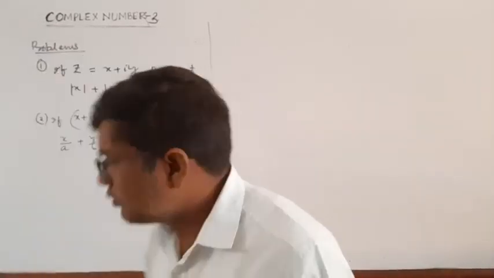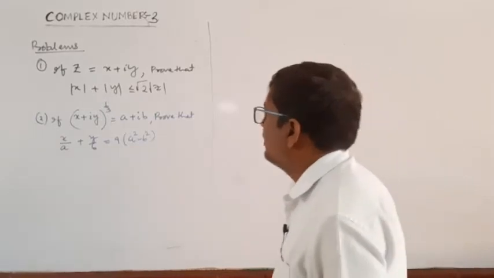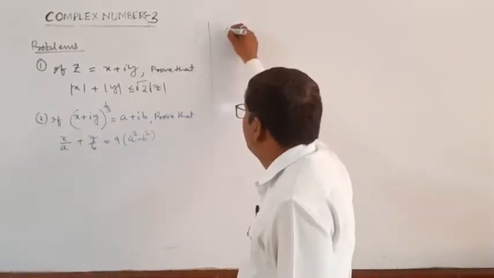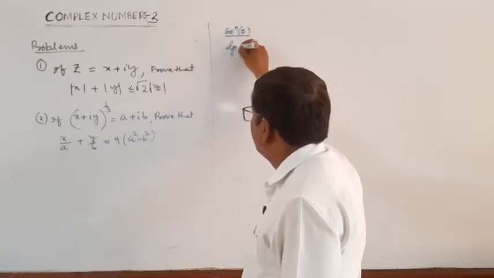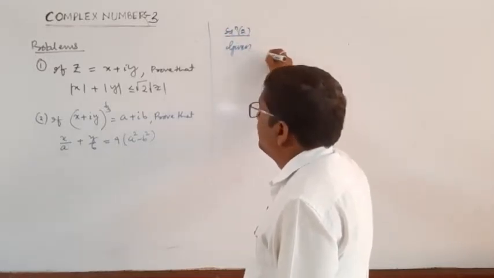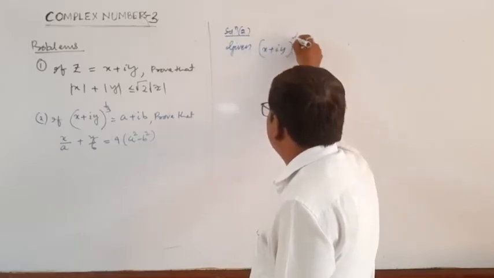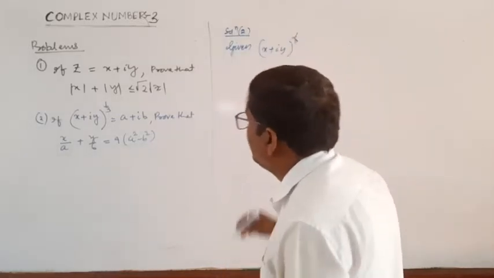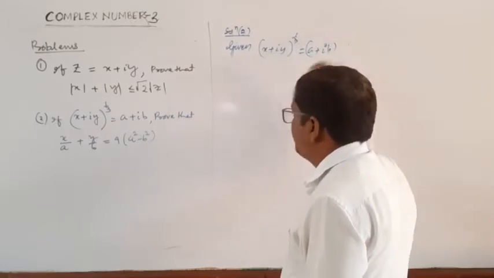Solution of question number 2, given x plus i y whole to the power 1/3 is equal to a plus i into b.